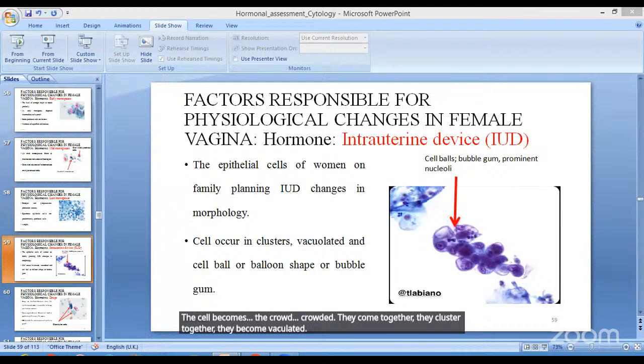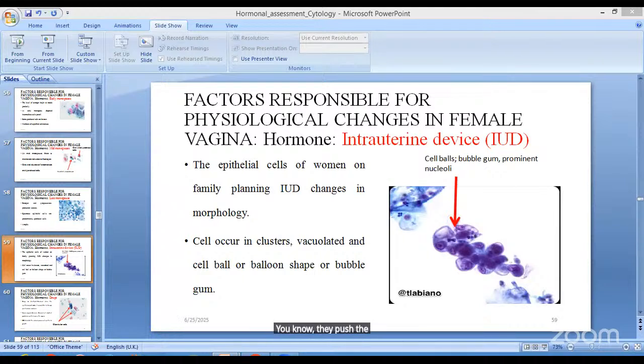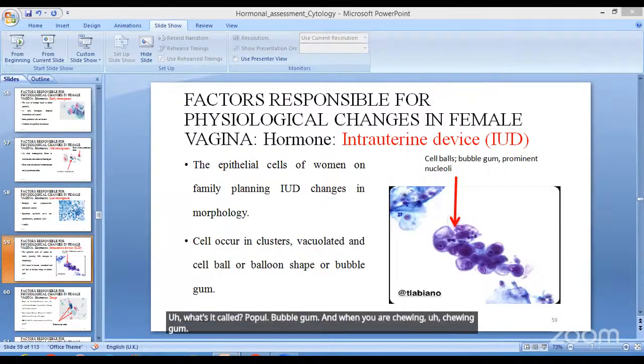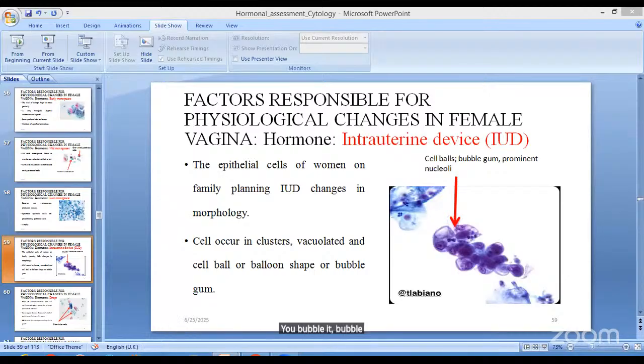They push the nucleus to the periphery. And you see structures like balls or balloon or what we call bubble gum. Bubble gum, when you are chewing gum and you bubble it. So such features seen is IUD effect, intrauterine device.